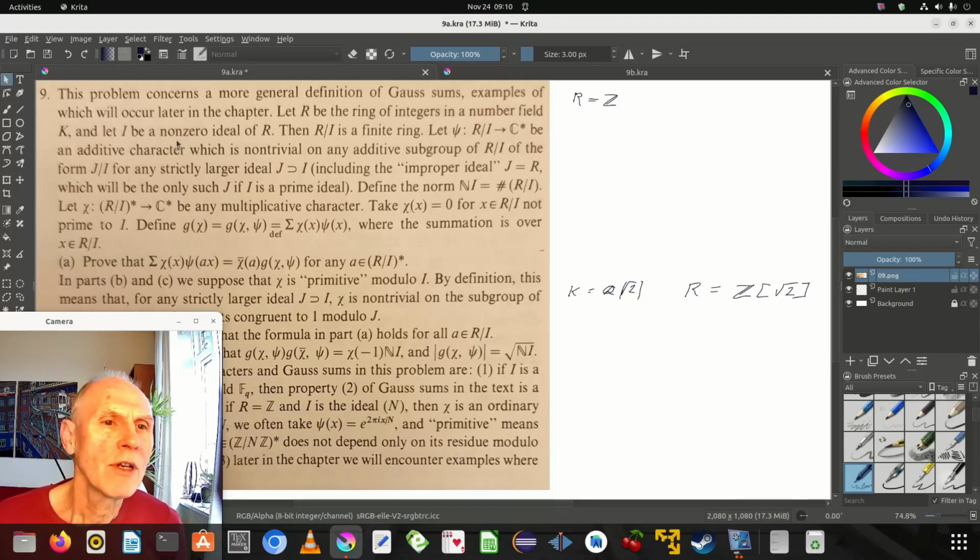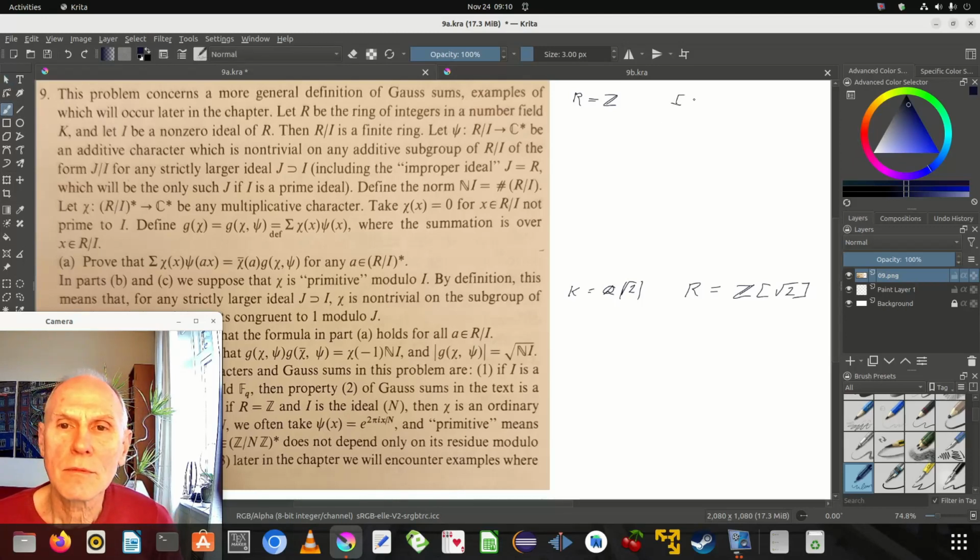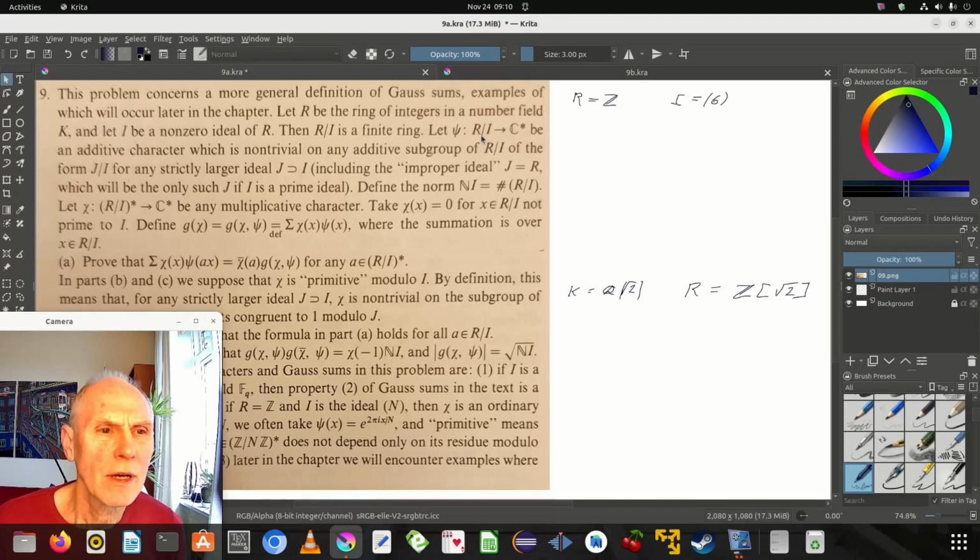Now we have a non-zero ideal. So that be the table of multiples of 6. An additive character which is non-trivial on any additive subgroup of the form... my God.